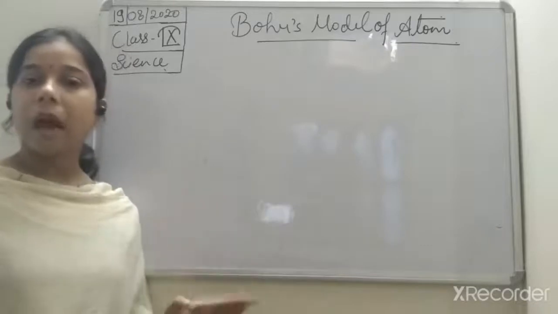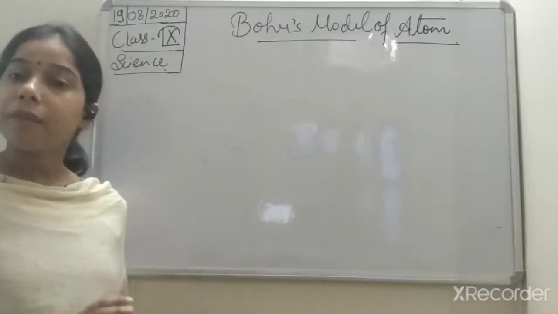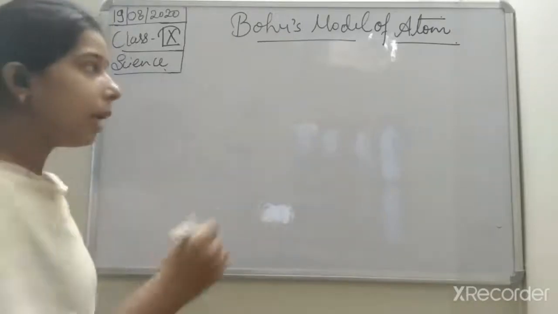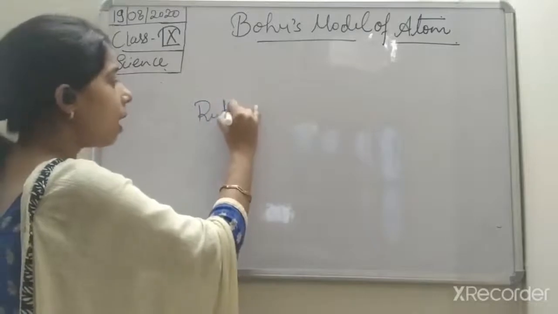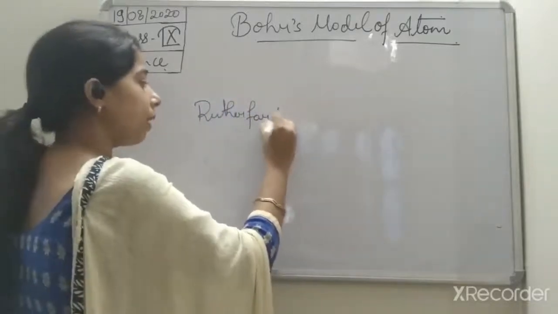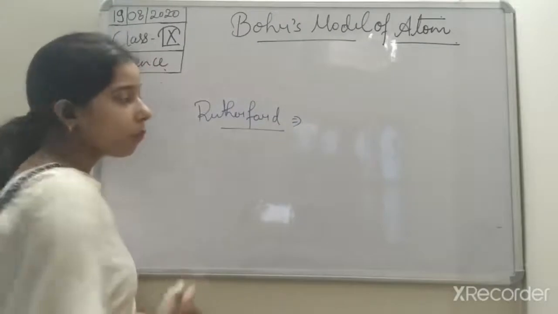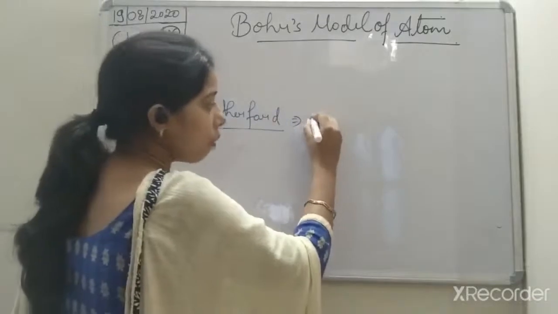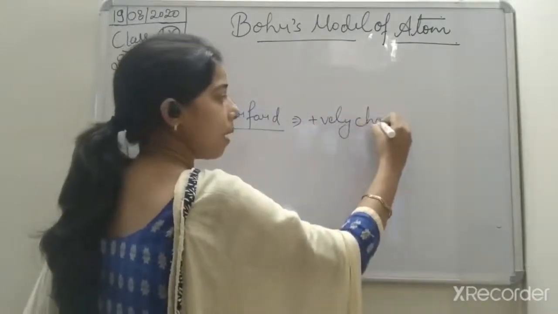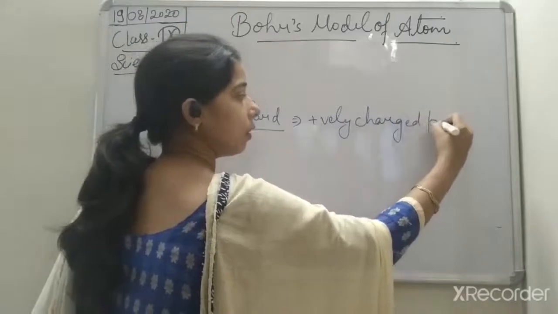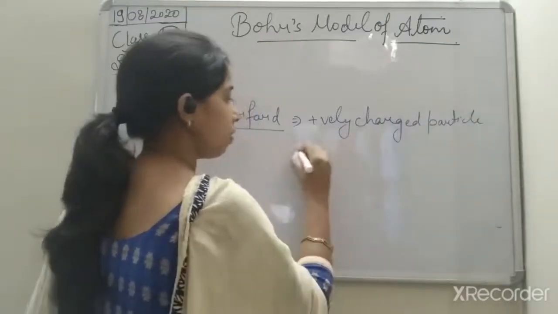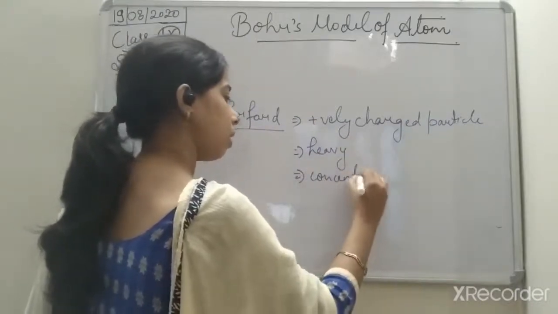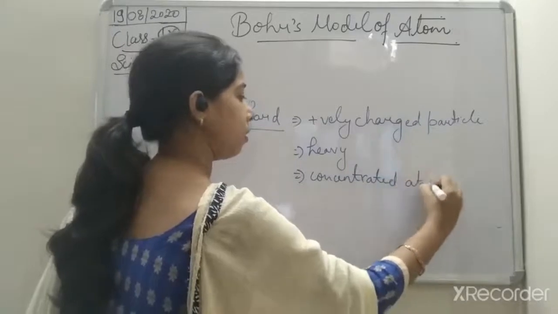Before we start, students, remember that when we were discussing the Rutherford model of atom, he gave some postulates in which he explained the main thing, that an atom consists of a positively charged particle which is heavy and concentrated at the center.